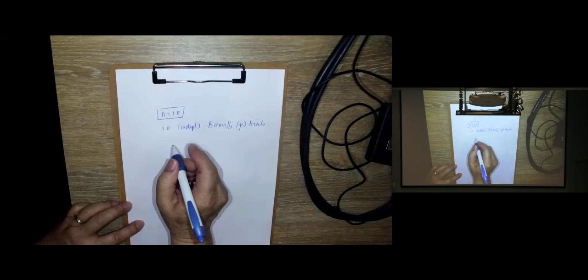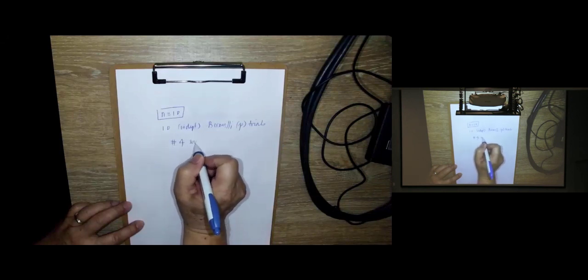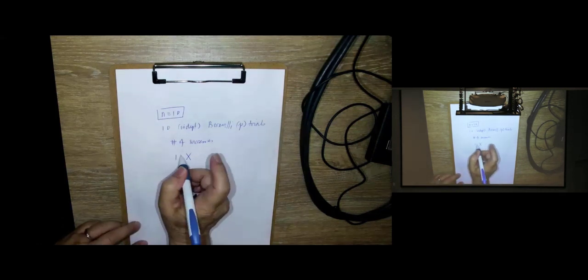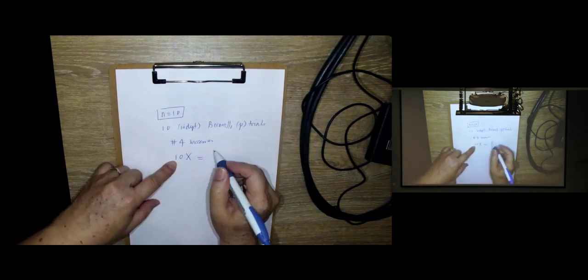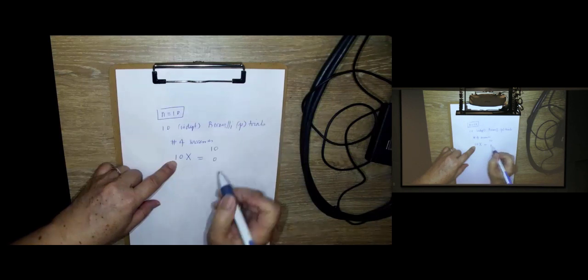A common mistake, since I'm interested in the number of successes, would be to say X is a Bernoulli and multiply by 10 because there are 10 trials. But this is wrong, because what are the possible values this variable can take? It's either 10 or 0, right?